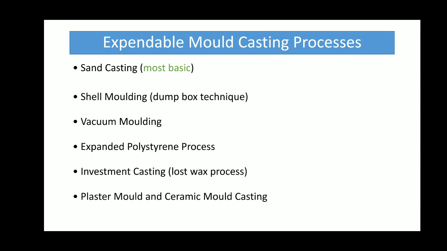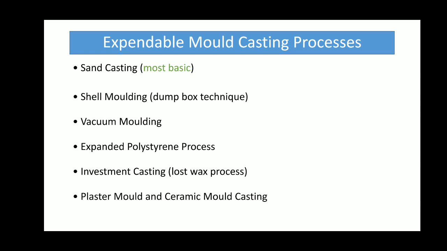Similarly, we have shell molding, we can have vacuum molding, the expandable polystyrene process, and investment casting, which is one of the most sought after casting methods, also known as the lost wax process. We can also have plaster mold and ceramic mold casting.